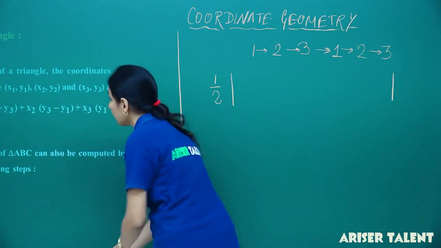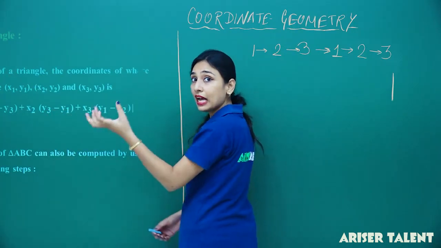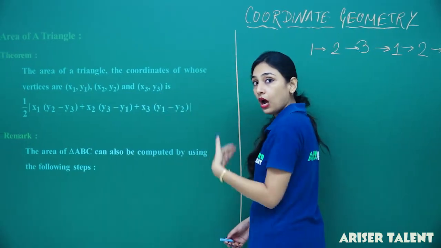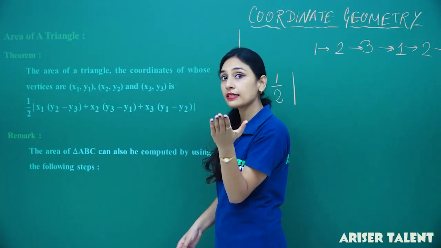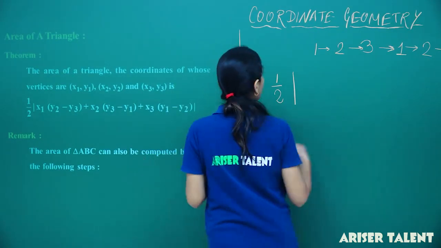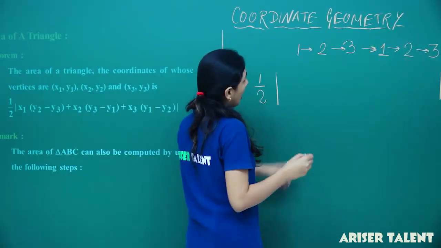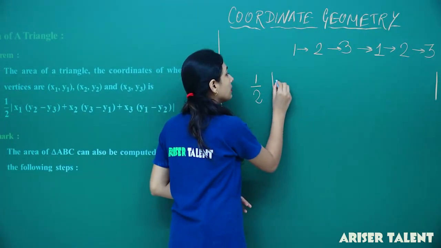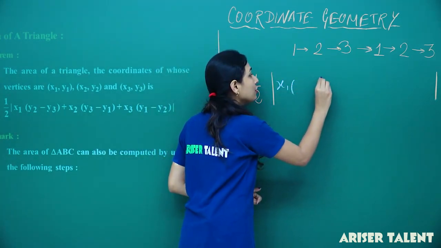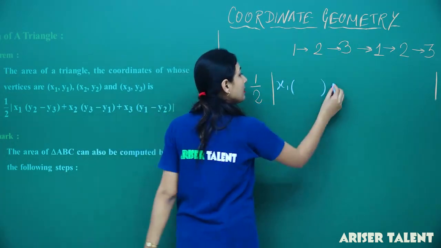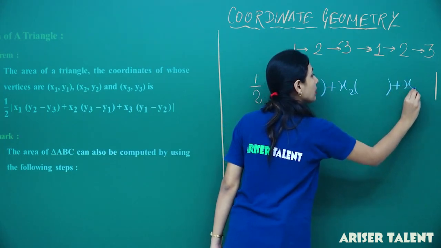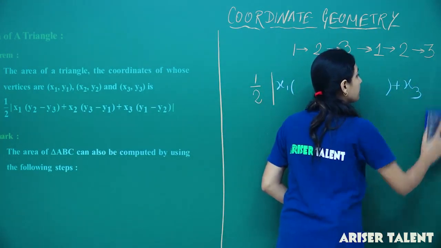Now, we have two patterns here. First is x and second is y. Outside the bracket, I'll always use x, and inside the bracket, I'll always use y. So if I talk about this x1, I start from 1. I write x1, then I'll have this bracket, and then plus x2, and then bracket, and then plus x3, and then bracket.